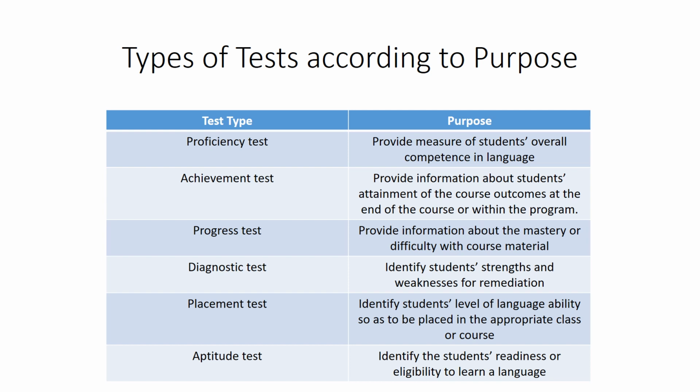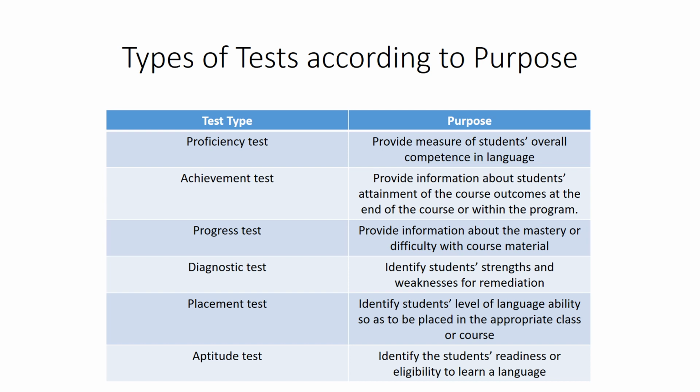These are the most common types of tests used in the context of learning and teaching a foreign language. The last three are said to be the least common ones: the selection test, the evaluation test, and the accreditation test.